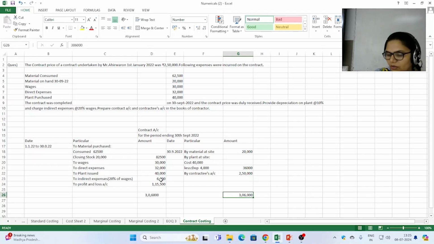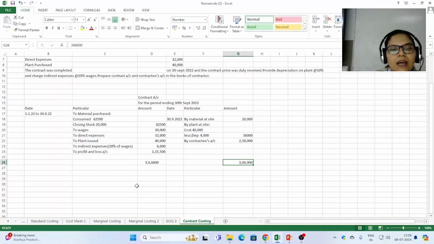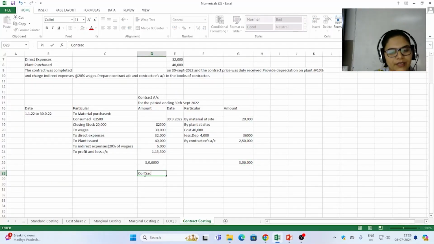This was all contract account, and we need to prepare contractee account as well.